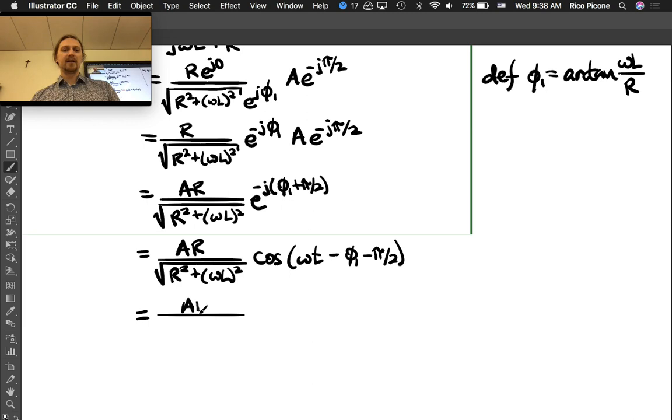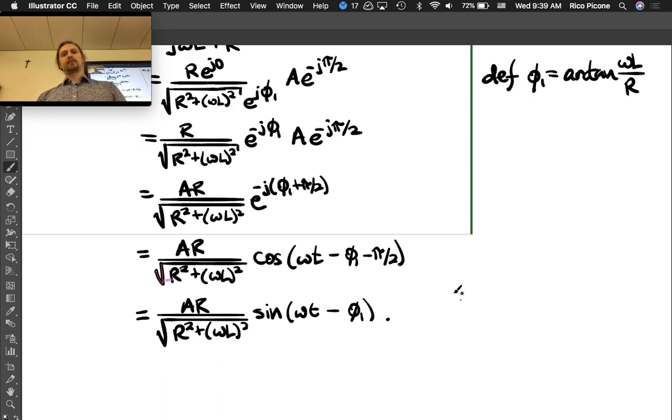So AR over square root, whoa, of R squared plus omega L squared times the sine of omega t minus phi 1. So these are all three pretty good simplified answers.